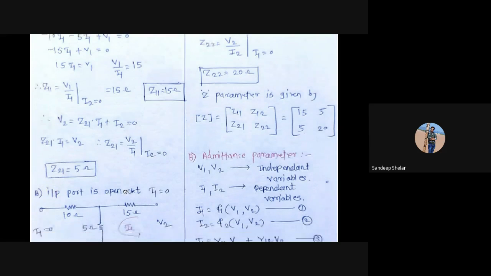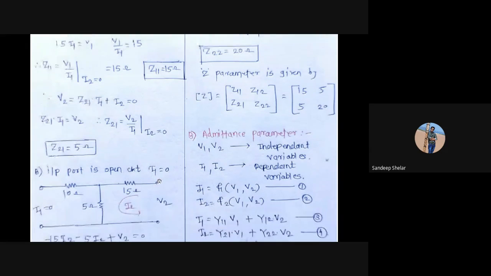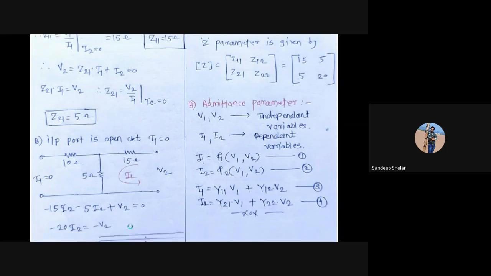Now the input port is open circuit, that is I1 is equal to 0. Then apply KVL for the output side: minus 15 I2 minus 5 I2 plus V2 is equal to 0.